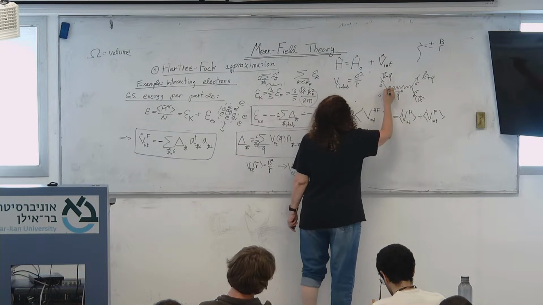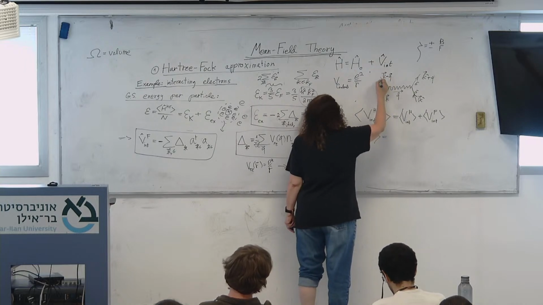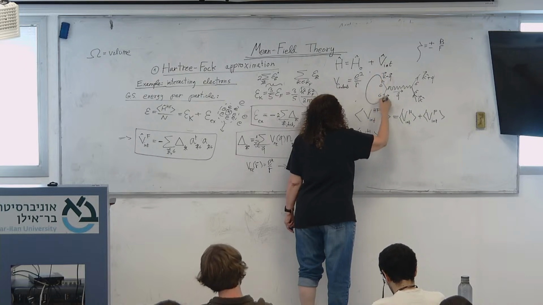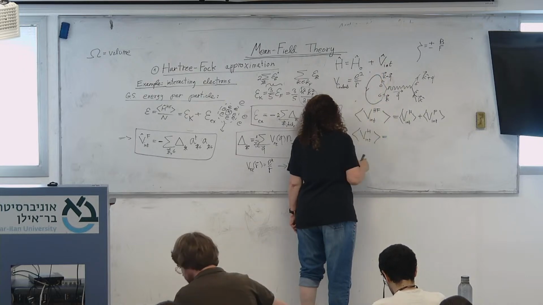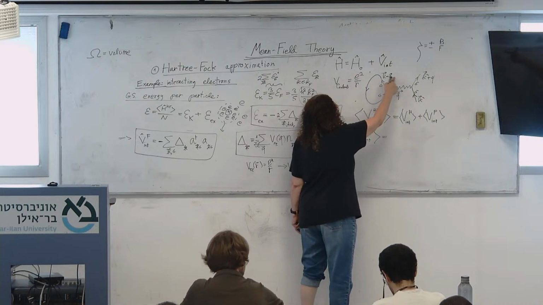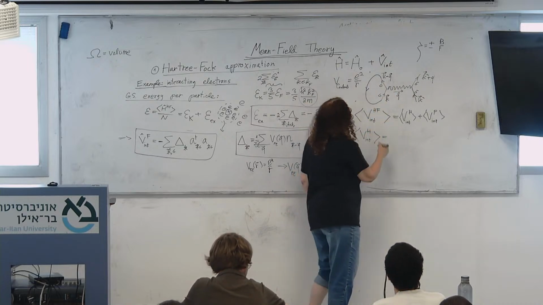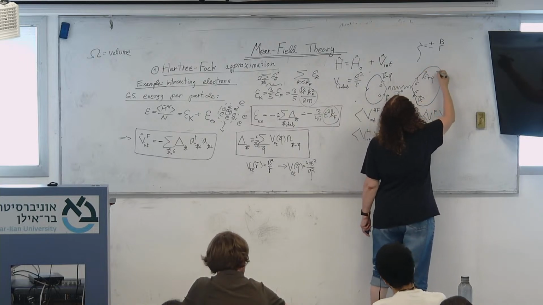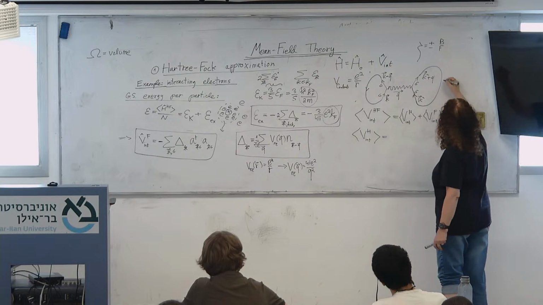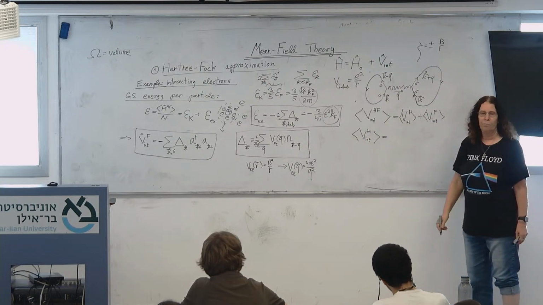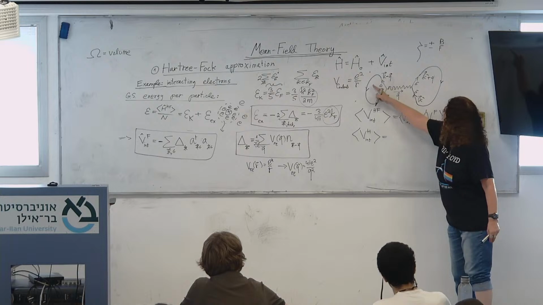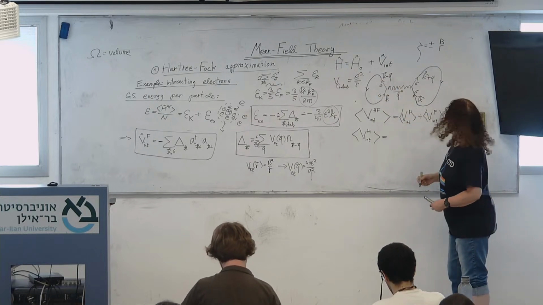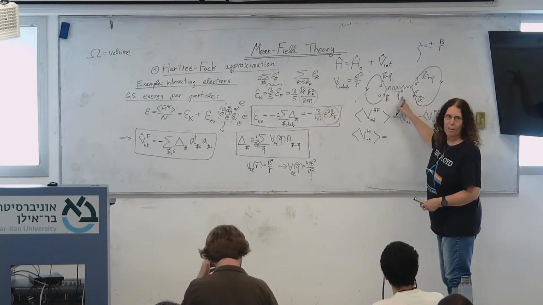So in the Hartree part, I'm taking this line and connect it to this. So that K minus Q must equal K. And similarly, K prime plus Q must equal K prime. But then if I do this, K must be equal K minus Q, and therefore Q must be equal 0.